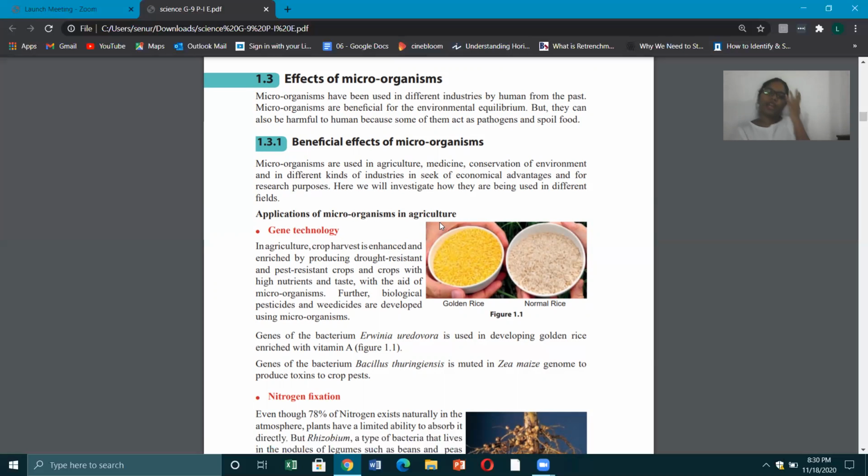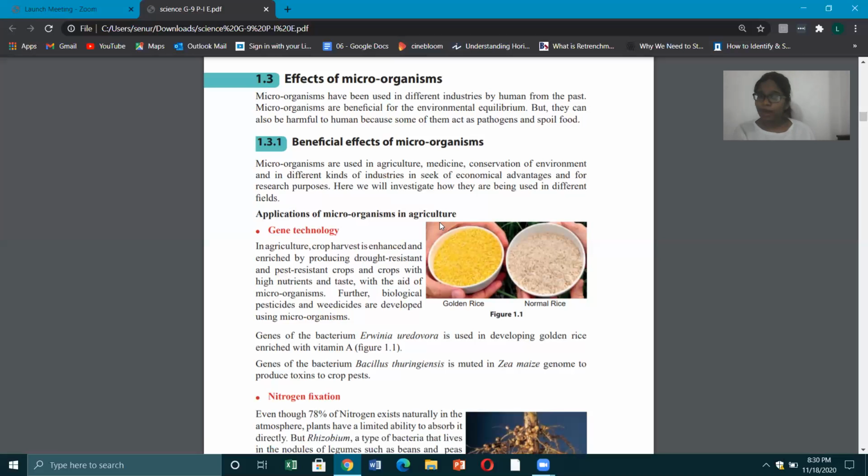Likewise, there are effects of microorganisms, but here, as we are talking about microorganisms as a whole, there are microorganisms who are good, and also there are microorganisms who are bad. We are going to discuss that. Microorganisms have been used in different industries by humans from the past.